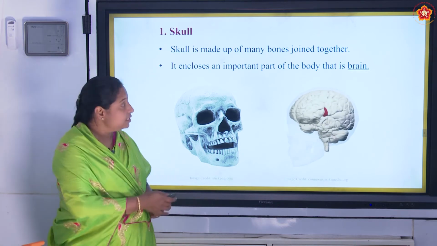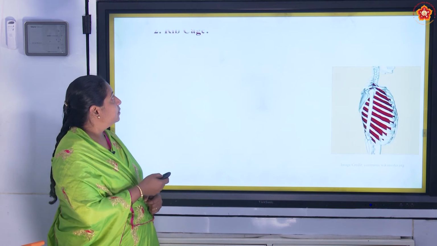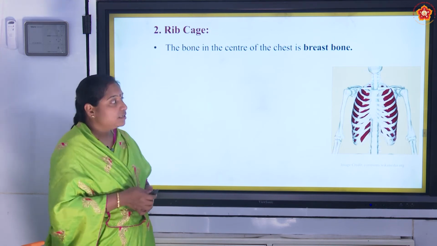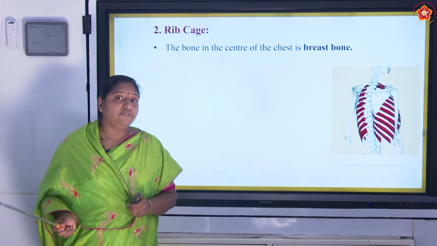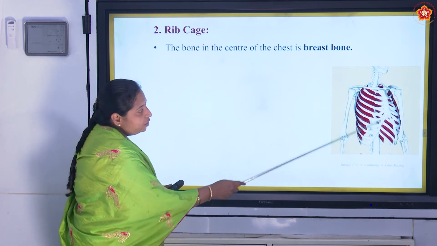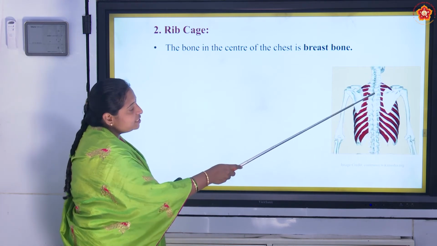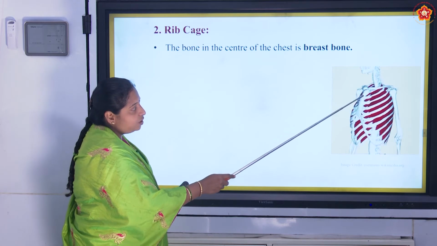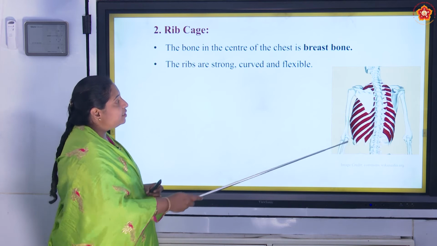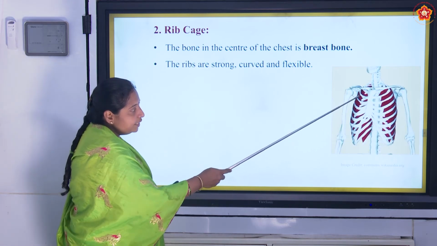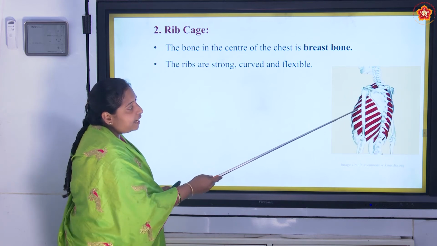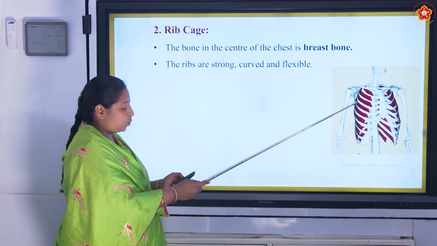And the next is the rib cage. See, in the chest region we have the rib cage. Observe here, this is the front bone. That front bone which is in the center of the chest is called the breastbone. And the ribs, observe the picture here, the ribs are strong, curved and flexible also.